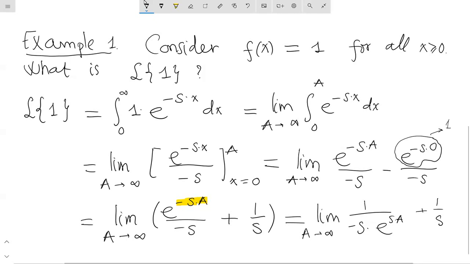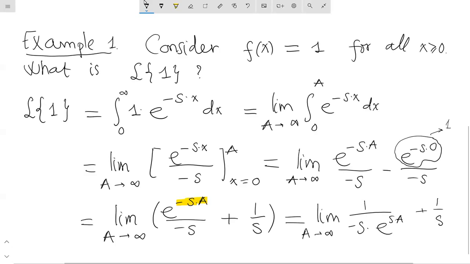On the other hand, if s is negative, the limit would go to infinity. We don't want that. And when we talk about Laplace transform, we only consider those values of s for which the limit exists. So for this problem, we only consider s positive. And as I said, the limit would be 0.